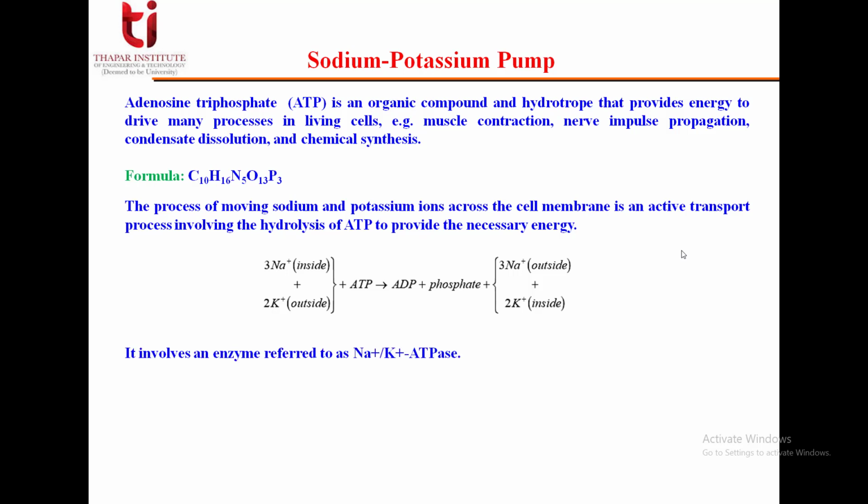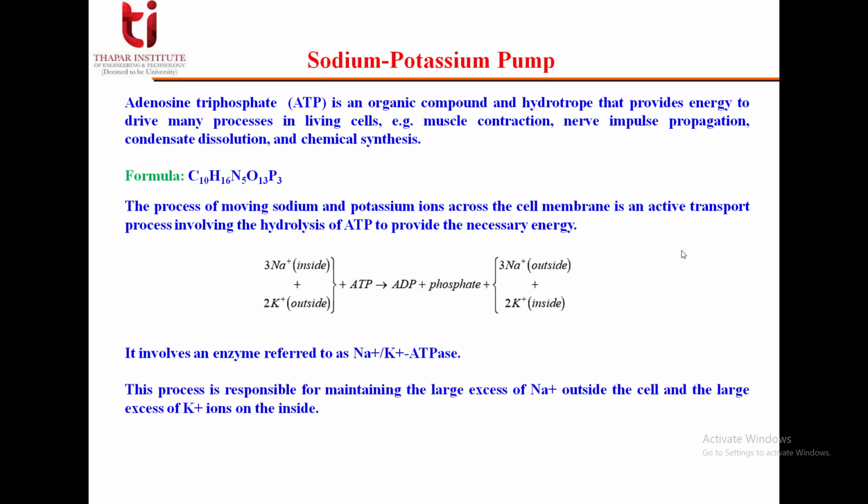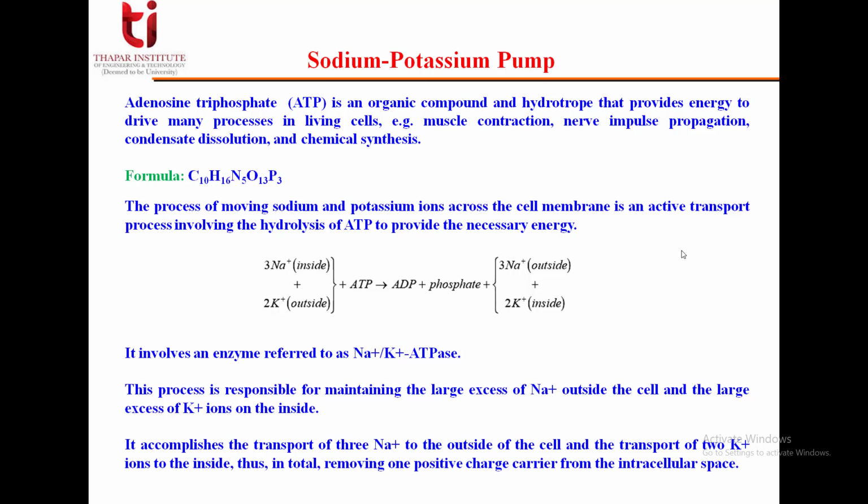It involves an enzyme referred to as sodium potassium adenosine phase. This process is responsible for maintaining the large excess of sodium outside the cell and the large excess of potassium ions inside the cell.